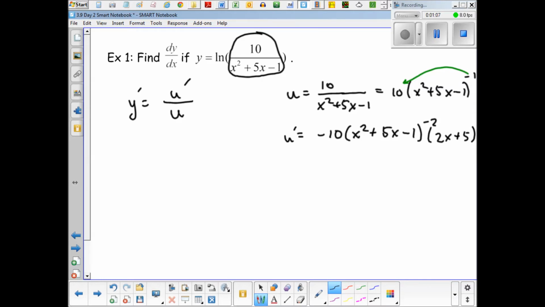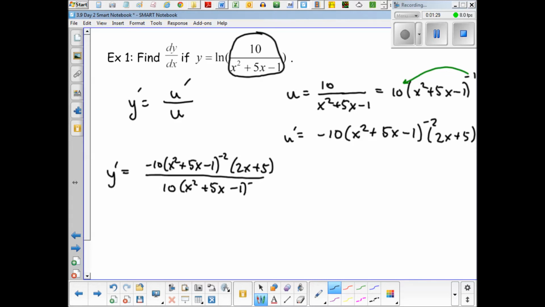And the cool thing about our answer is it's just the ratio of the two. So the u prime goes on top, and the u on the bottom. And I've put them both in the exponential notation.